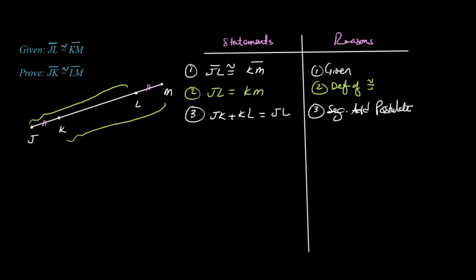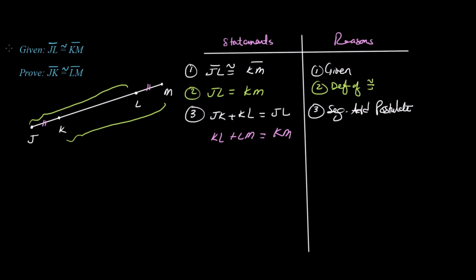I like what I did, so I'll do it again for the other one. KL plus LM is the big segment KM over there. Now that looks good, because I have JL over here and KM over here. This is from the segment addition postulate, applied two times to the bigger segments.